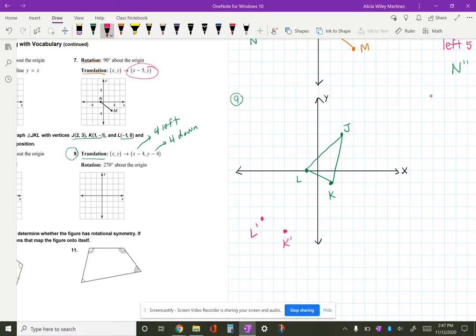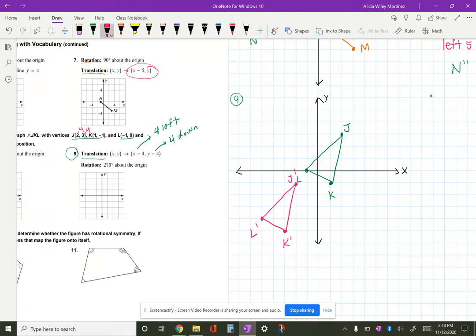And then J is going to go left 1, 2, 3, 4, down 1, 2, 3, 4, and this becomes J prime. You could also take each of these x and y values of the points and just subtract 4 from each to get your points if you wanted to. It's really up to you how you get your points, but I like to use the graph when I can. So now here is my translated triangle.